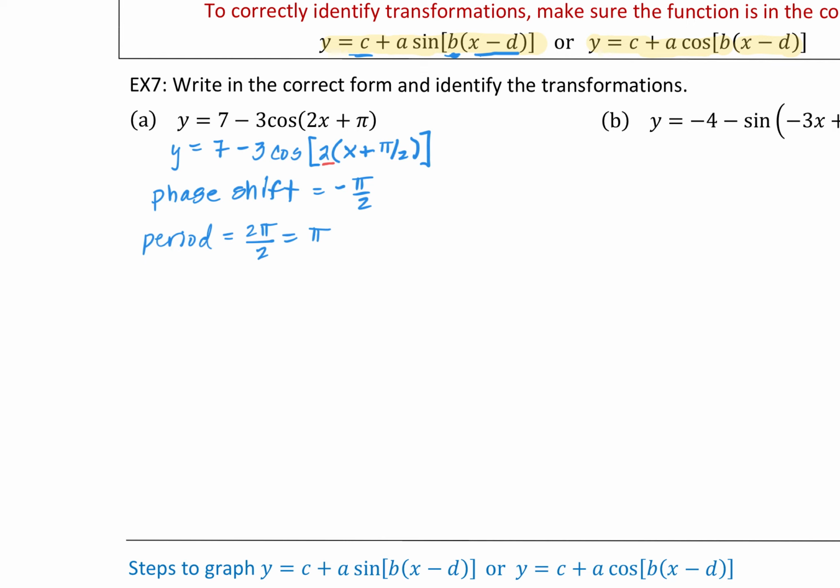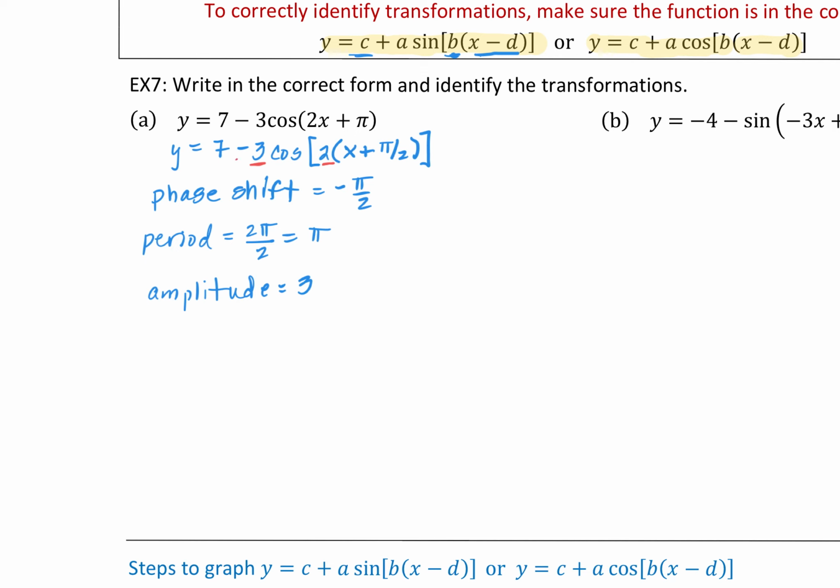So we're done on the inside. Ignore the minus in front of the 3. All we care about is that 3, because that would be our amplitude. Remember, amplitude is never negative. And in this case, our amplitude would be positive 3.